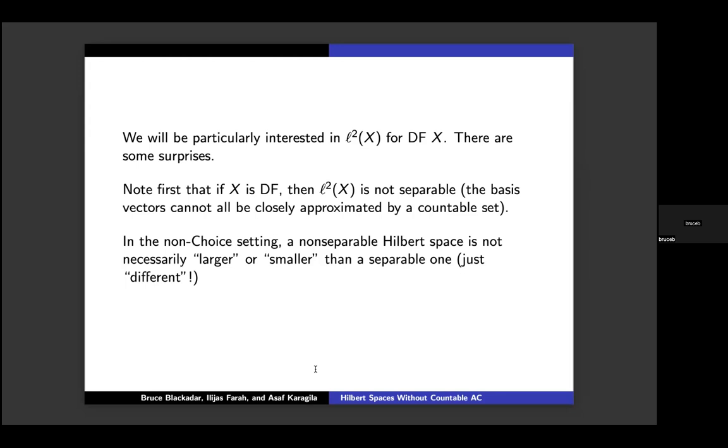We're conditioned to thinking of non-separable Hilbert spaces as being bigger than separable ones, but that's not really accurate in this setting. A non-separable Hilbert space is not necessarily either larger or smaller than a separable one. It's just different.